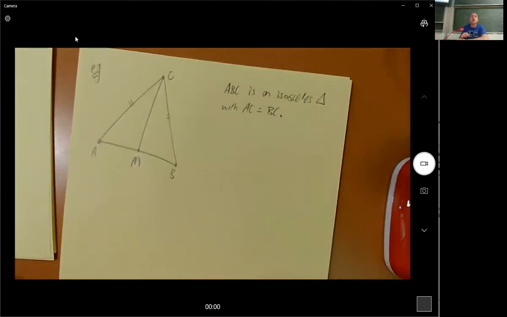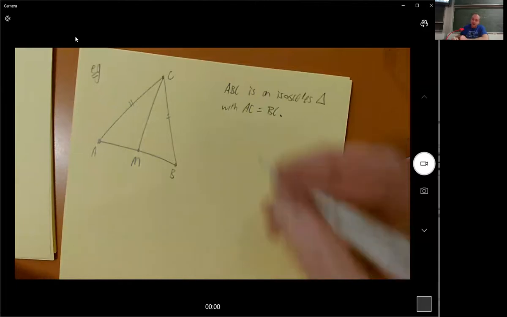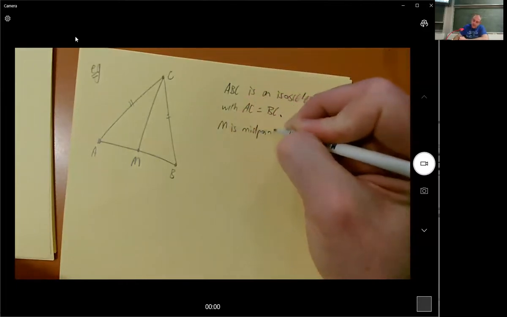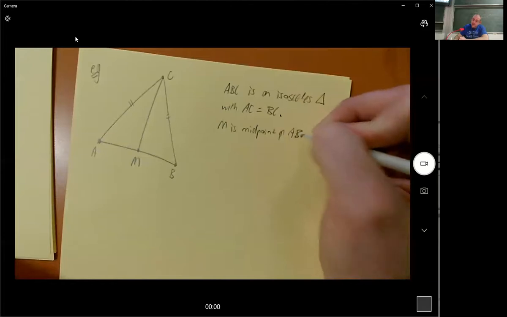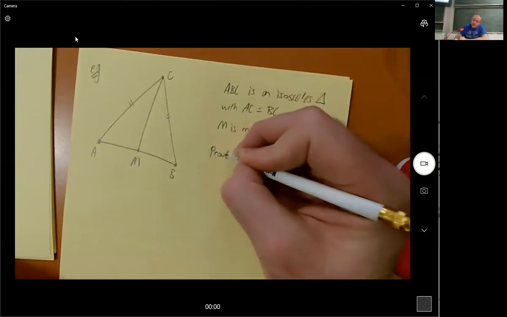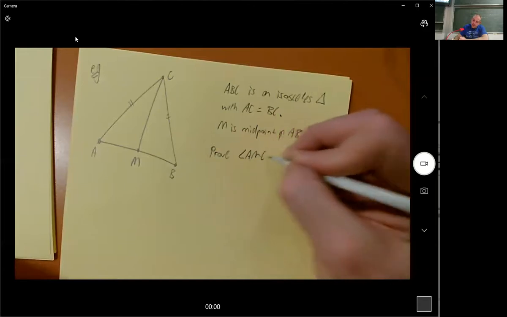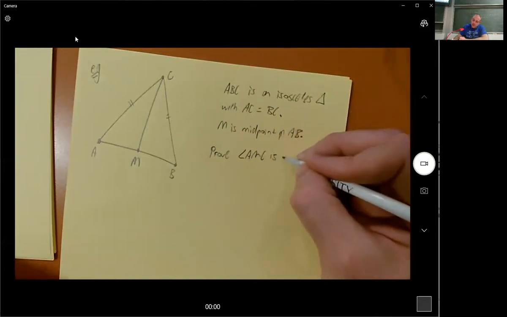That's the beginning. This isn't the proof yet, this is just the setting up. And M is the midpoint of AB. Prove that angle AMC is a right angle.